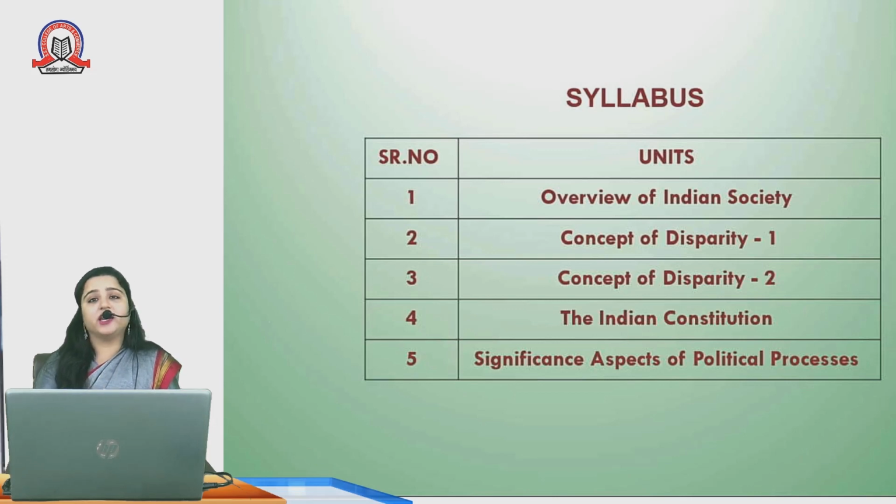And the last unit is significant aspects of political process. In this, we are going to gain basic knowledge related to political process. So today, we are going to start with unit number 1, that is overview of Indian society.